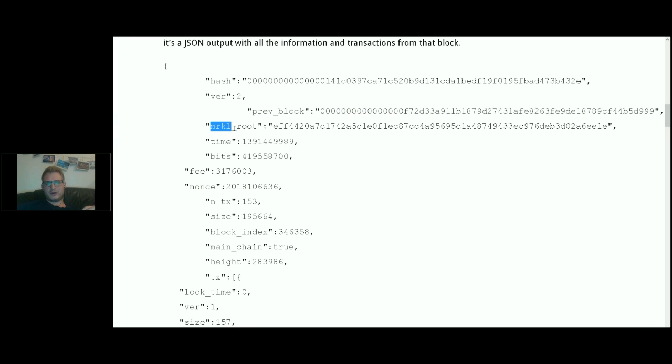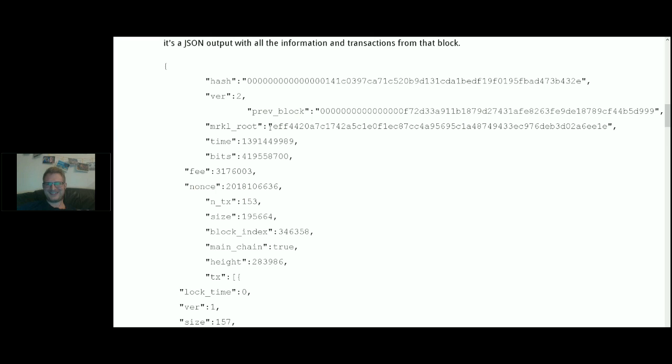Then we have a thing called Merkle root. The Merkle root is a hash value of all the transactions. It's a defined algorithm. It's also called hash root at some points. If you're interested, just look it up on Wikipedia.